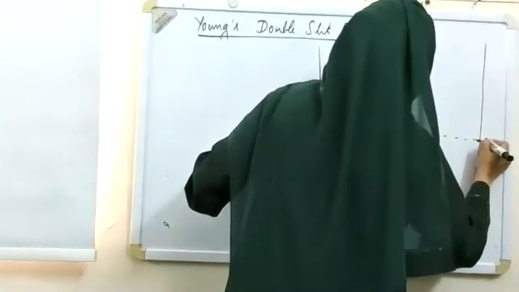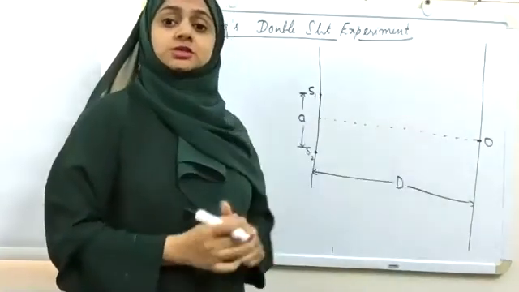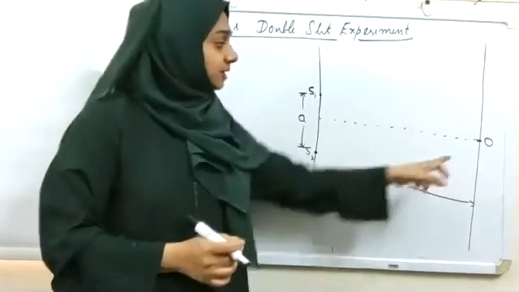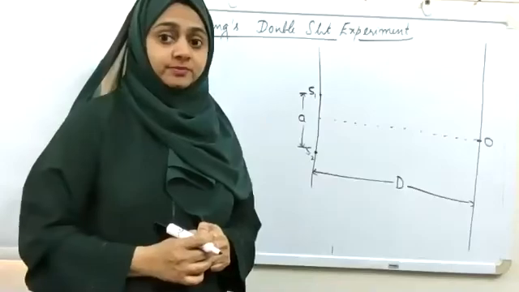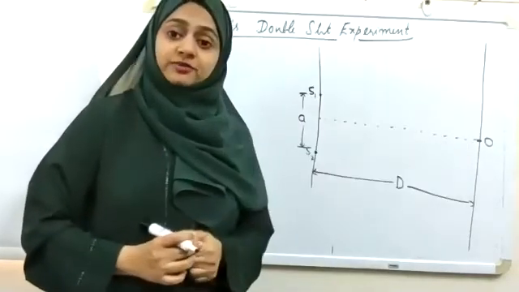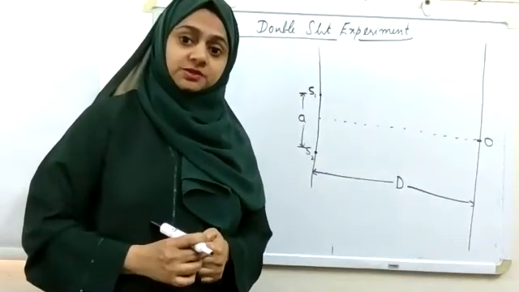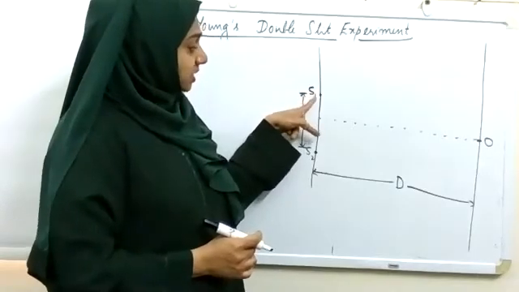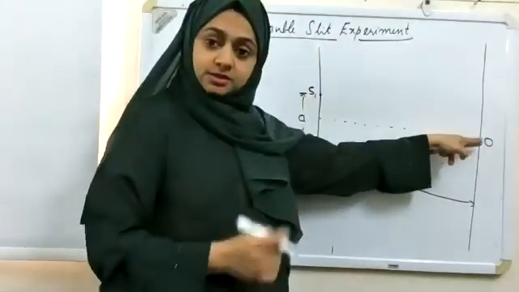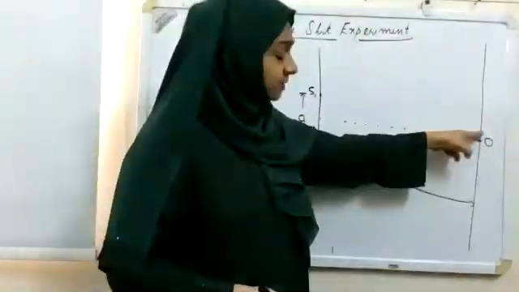Here at the midpoint O, what will you have? Will it be constructive interference or destructive interference? Both light rays from S1 and S2 travel the same distance.